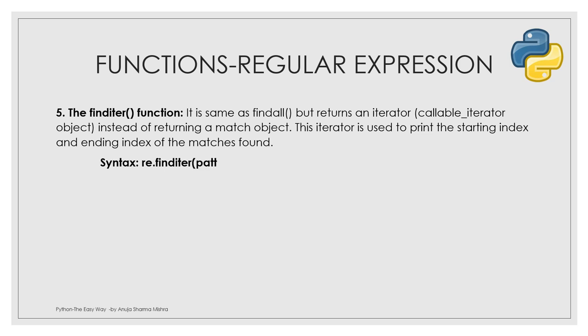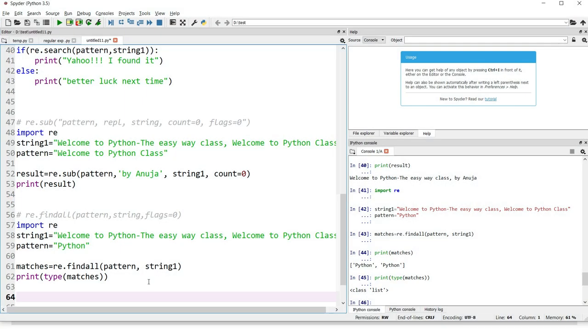So for example, if you find the keyword Python twice, it will give you the starting index of both the occurrences and the ending index of both. So let's do it again. re.finditer, then pattern, comma, string, comma, flags, again optional, equal to 0.